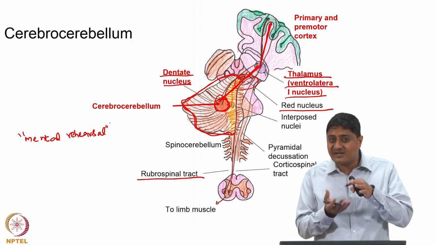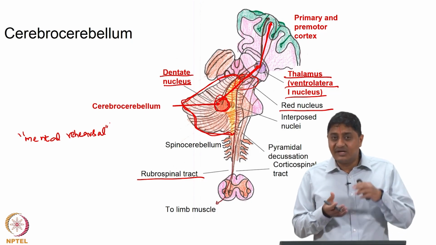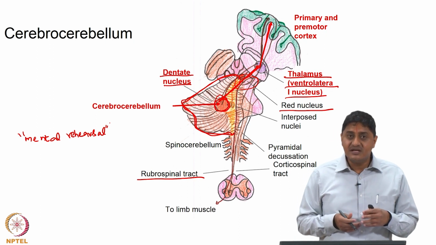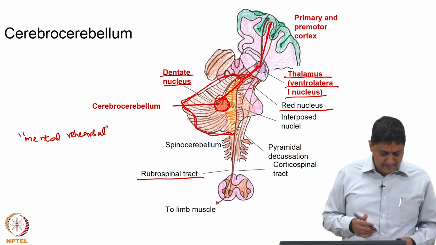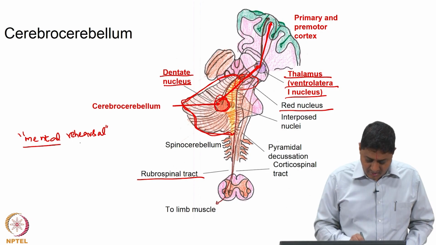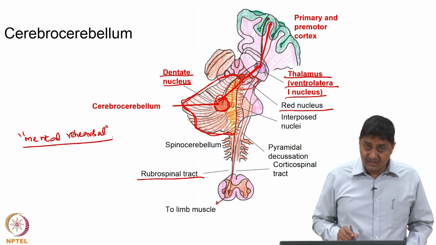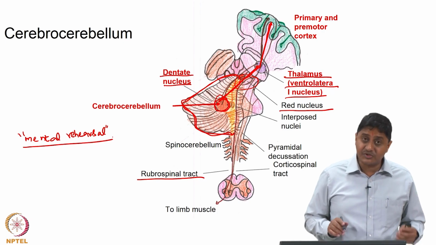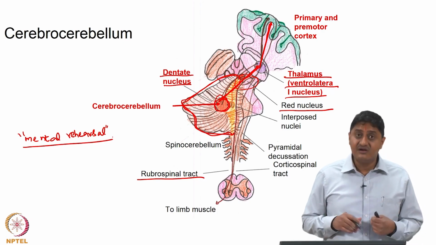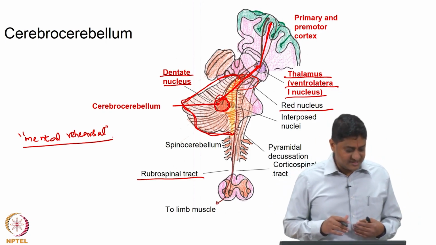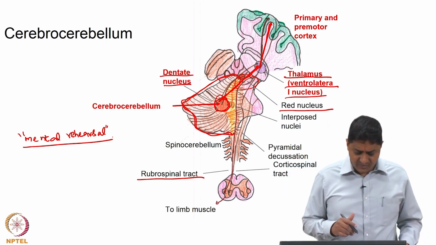This comparison, this mental rehearsal, is probably due to the activity in the red nucleus. So, this is an intriguing hypothesis concerning the function of the red nucleus and the projections it receives from the dentate nucleus, primary motor cortex and premotor cortex areas.